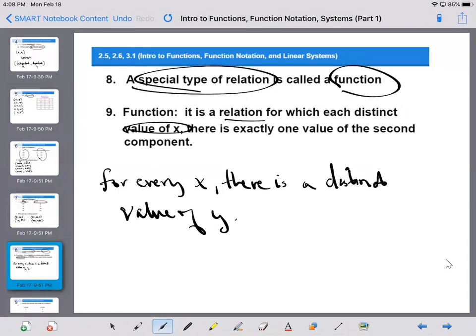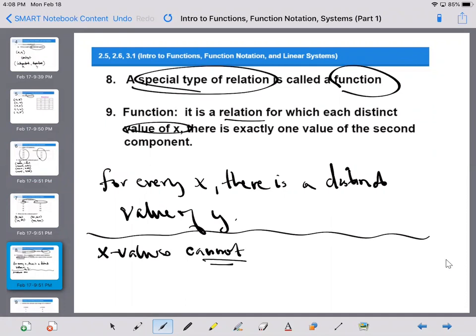And so for functions, we would have to say the x values cannot repeat. The y values, however, can repeat when we look at determining if something's a function or not.